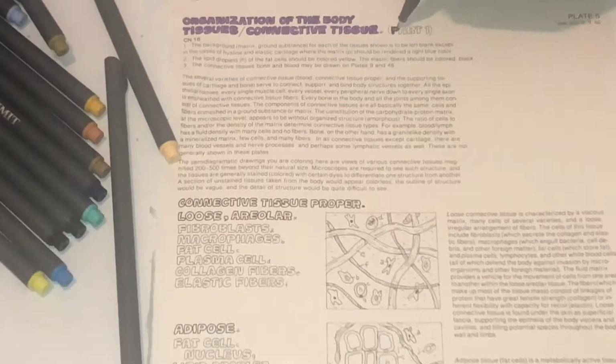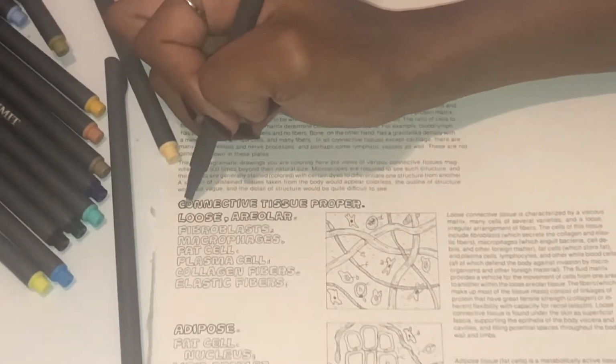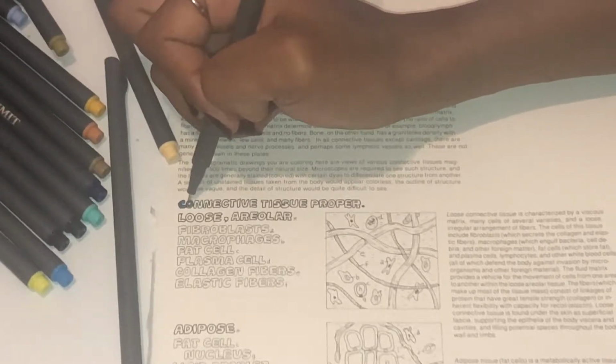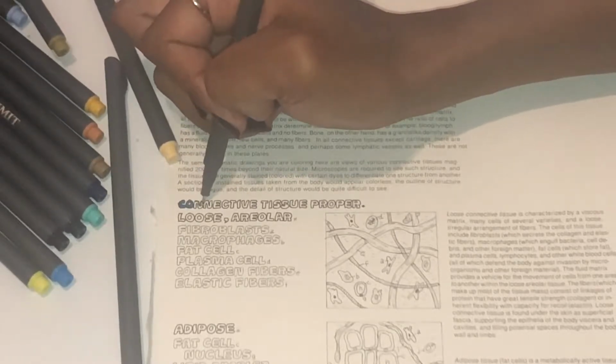Every bone in the body and all the joints among them consist of connective tissues. The components of connective tissues are all basically the same: cells and fibers enmeshed in a ground substance or matrix.